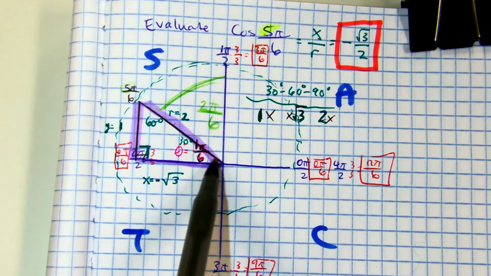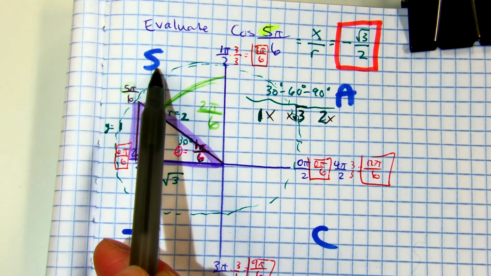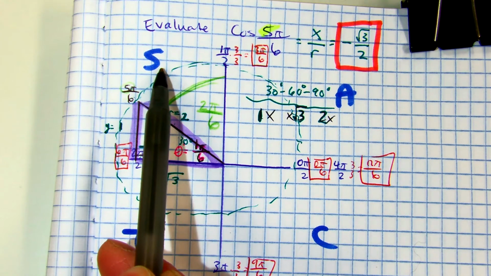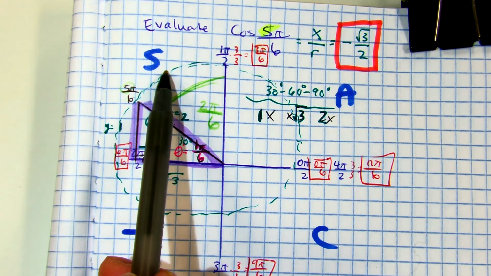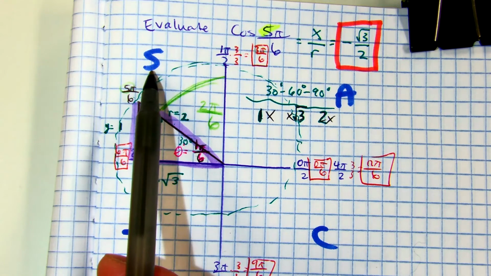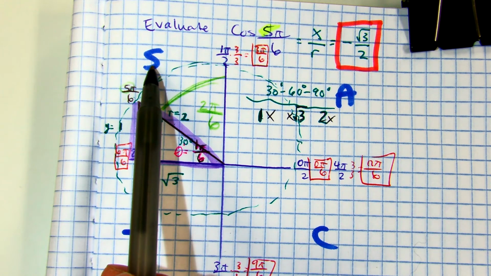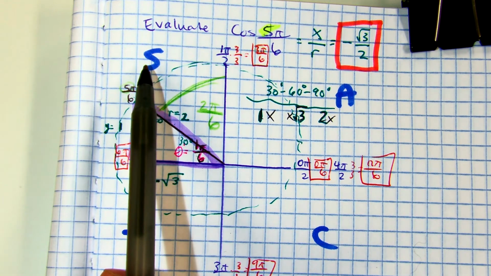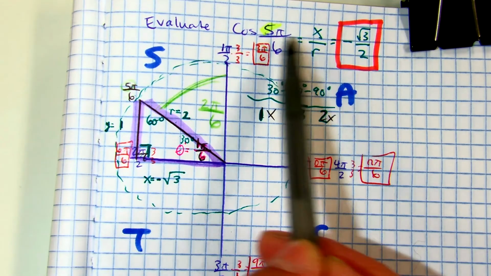In this quadrant, what does it tell us? Sine and its reciprocal, which is cosecant, is what? Positive. That means everything else is negative. So everything else, including cosine, is negative. So I'm checking my sign here. Okay?